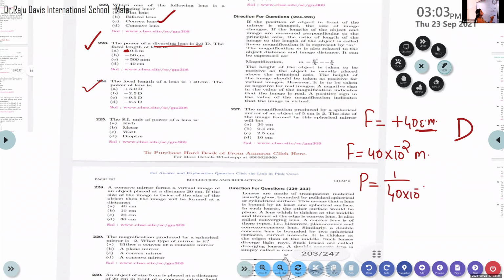raised to minus 2. What is 40 into 10 raised to minus 2? 1 by 0.4.